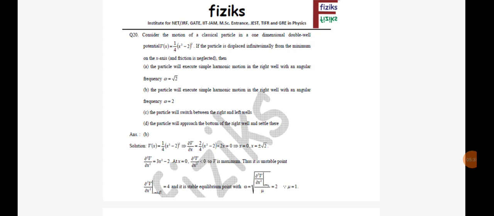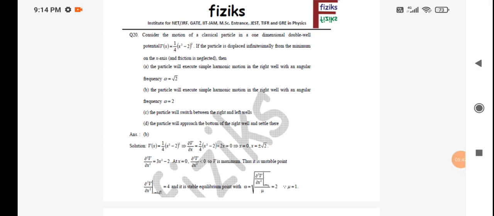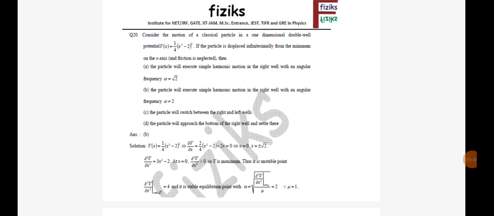Again, I need to find the second derivative, dou squared V by dou x squared, and substitute both x values. For x equivalent to 0, I'm getting a negative value because it is less than 0, so this is unstable.